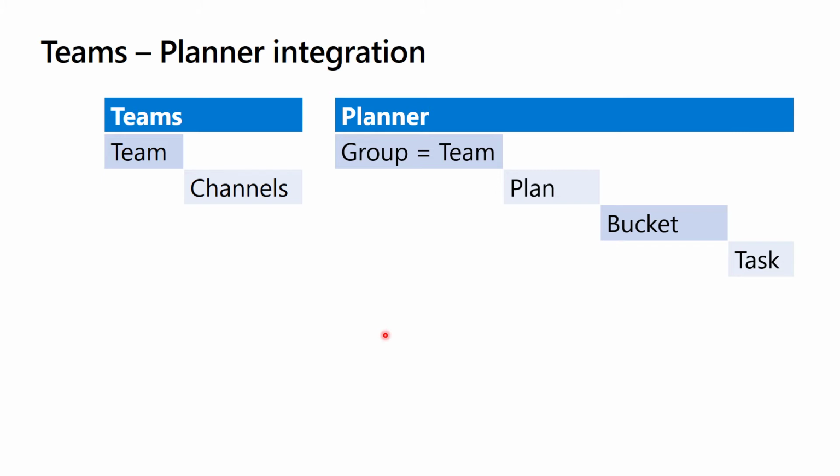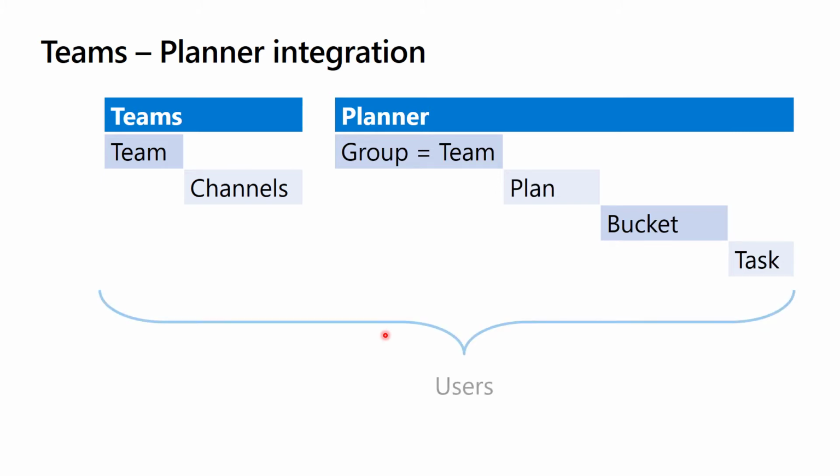The bucket is the status. You can give the bucket the name you prefer. We usually use, as I mentioned, statuses like to be started, ongoing, and customer feedback, and then you have the tasks. A task is the activity. Inside the task you can define the status, started, completed, and some comments, some dates, and so on.